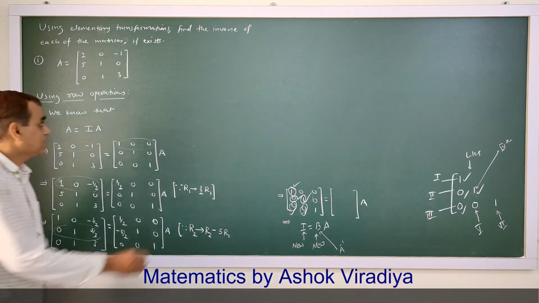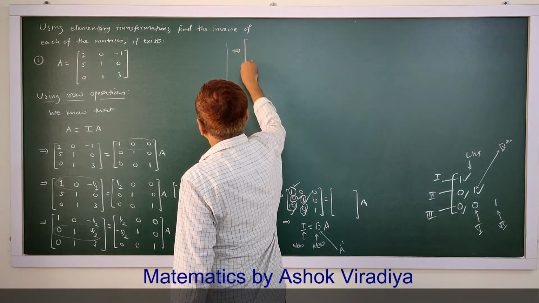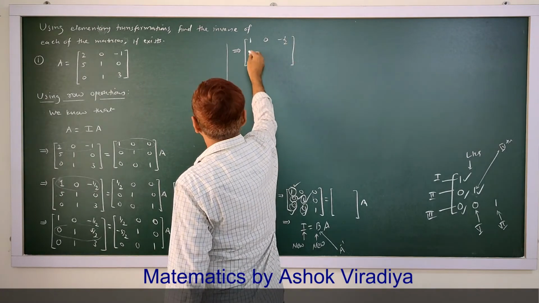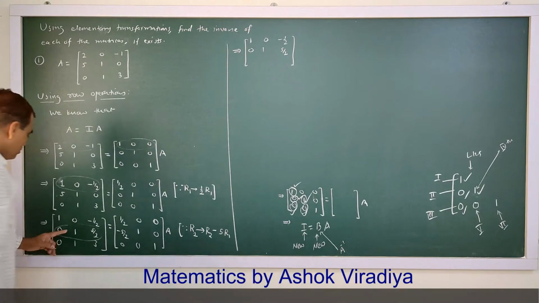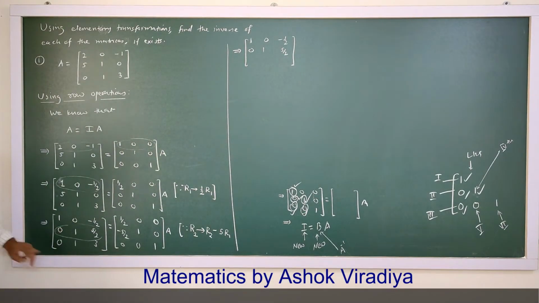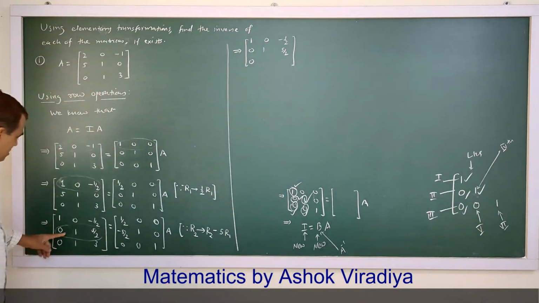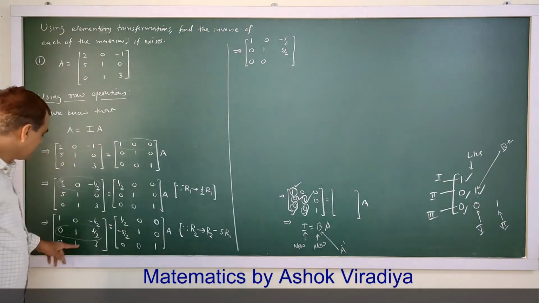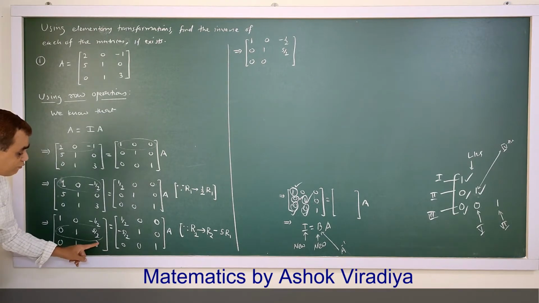So doing this in the next step, 1, 0, minus half, 0, 1, 5 by 2. See now second row I am subtracting here. So 0 minus 0 is 0. 1 minus 1 is 0. This will be subtracted: 3 minus 5 by 2.